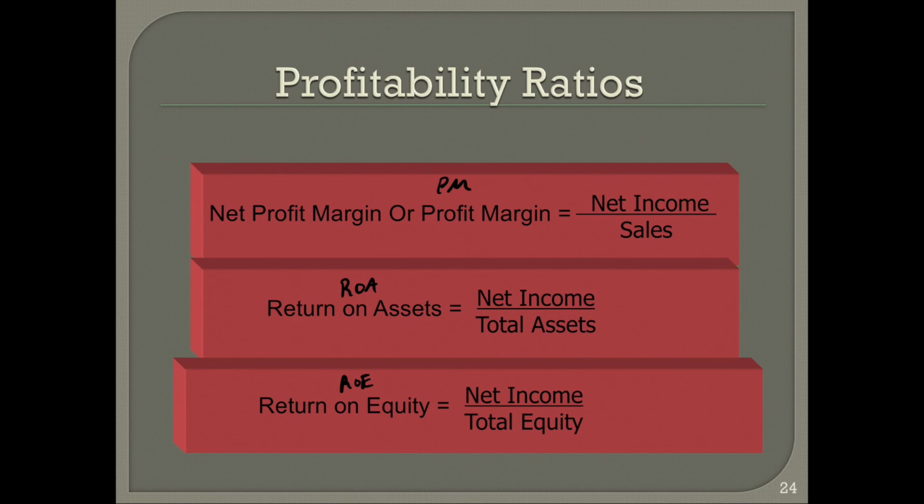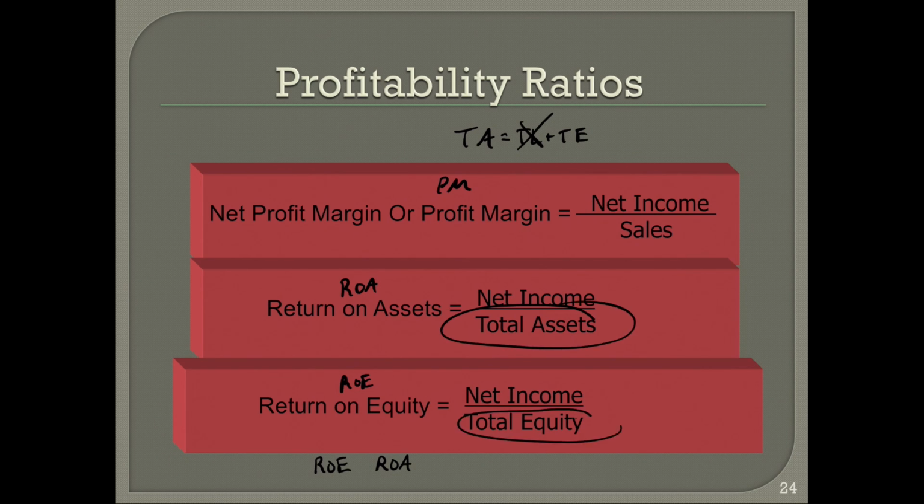There's one or two relationships that I need to point out here between ROE and ROA. Anytime a company does not utilize debt in their capital structure, so no liabilities, if you think back to your balance sheet identity, which says total assets equal total liabilities plus total stockholders' equity, if they have no liabilities, their total assets equal their total equity, so ROE would equal ROA.